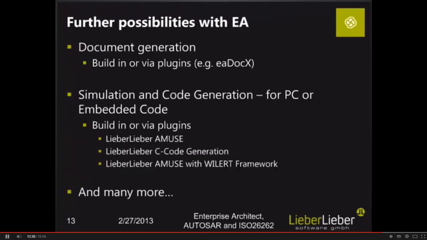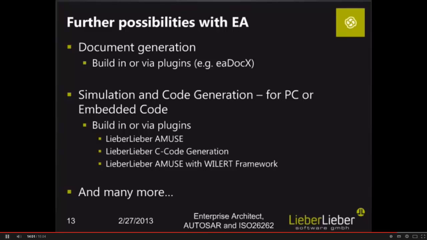This presentation has only shown a few possibilities of Enterprise Architect for use in the context of automotive development. There are many more possibilities not part of this short tutorial here. Enterprise Architect has a powerful document generation engine built in, or this generation engine can be extended via plugins, for example the EA-docx plugin.